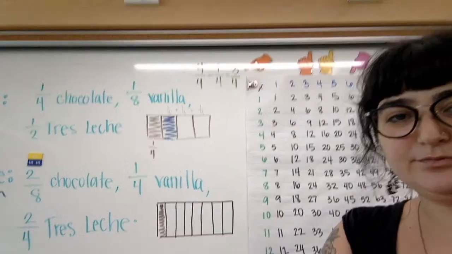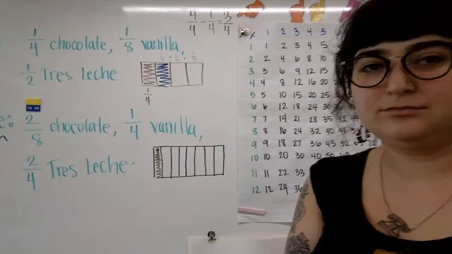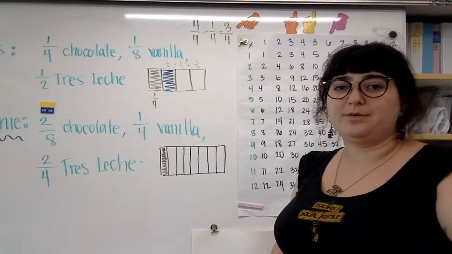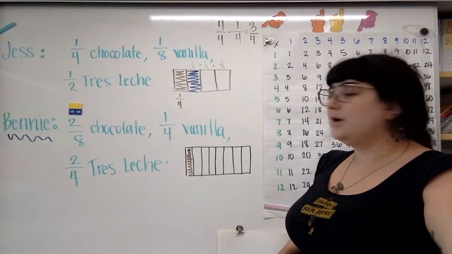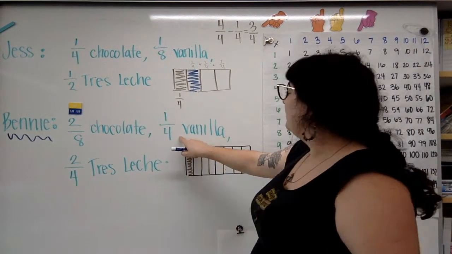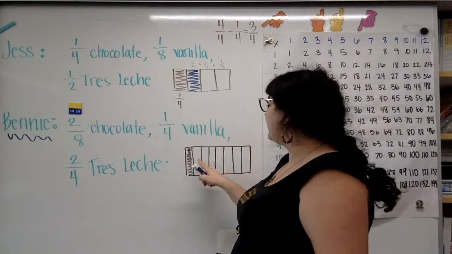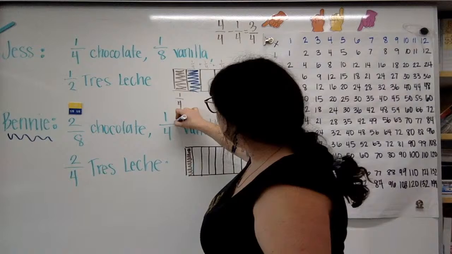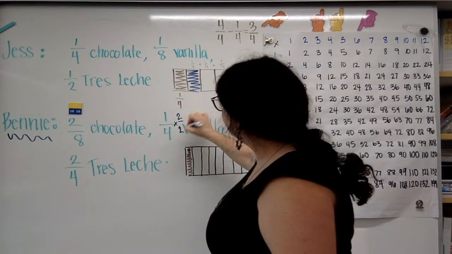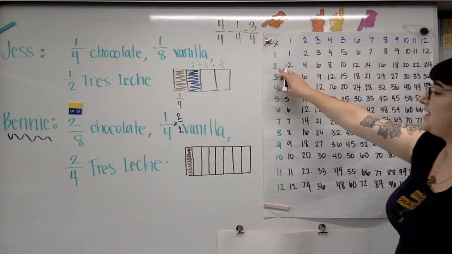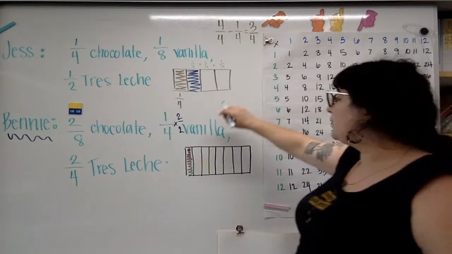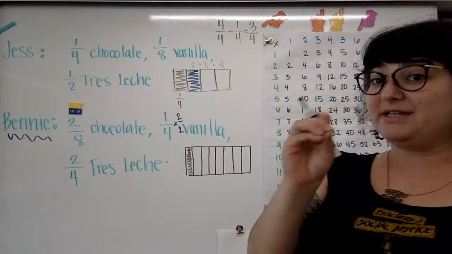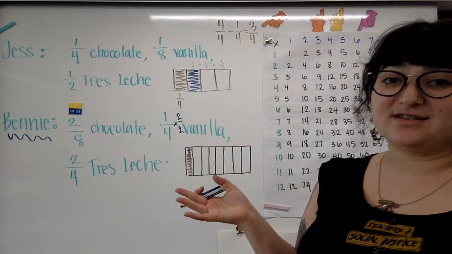1/4, because remember now, nope, too far. Here we go. Thank you. We know that Benny is the one that we're trying to represent on our vanilla cake. So we just need to multiply it by 2/2. Just like we identified. And we know when we multiply any number by a fraction equivalent to 1, nothing changes.